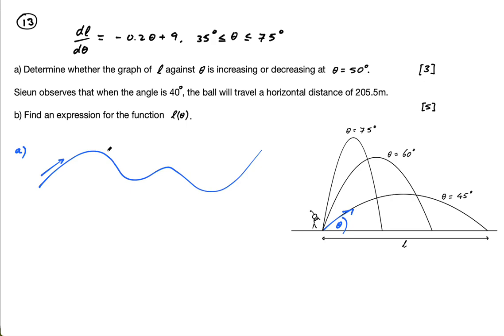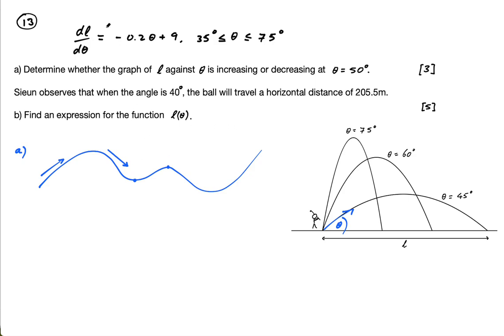When the graph is decreasing, the derivative is negative. And when it's at a minimum or a maximum, the derivative is 0.